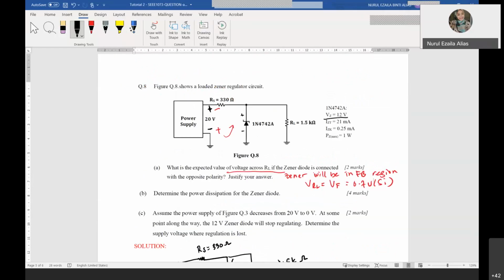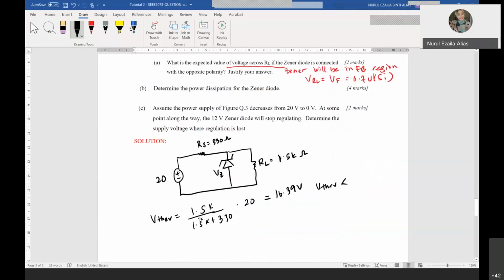Given the IZ total of 21 milliampere, IZK minimum of 0.25 milliampere, and PZ max of 1 watt. Given all that, VThevenin is greater than the VZ given, 12 volt. So what happens to the Zener diode?